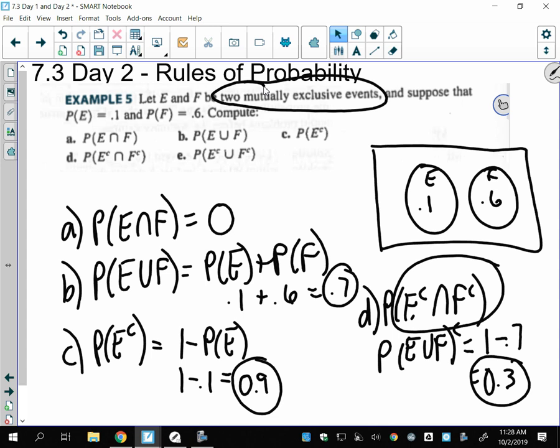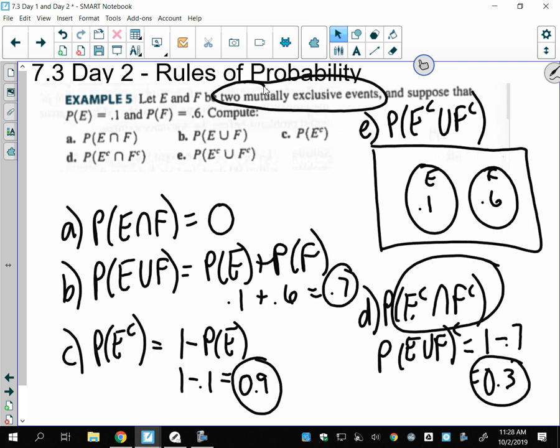Again, E goes back to De Morgan's law. But I think E I can do much easier without De Morgan's law. E complement union F complement. Because it's a union, the chance of E not happening or F not happening would be like everything.